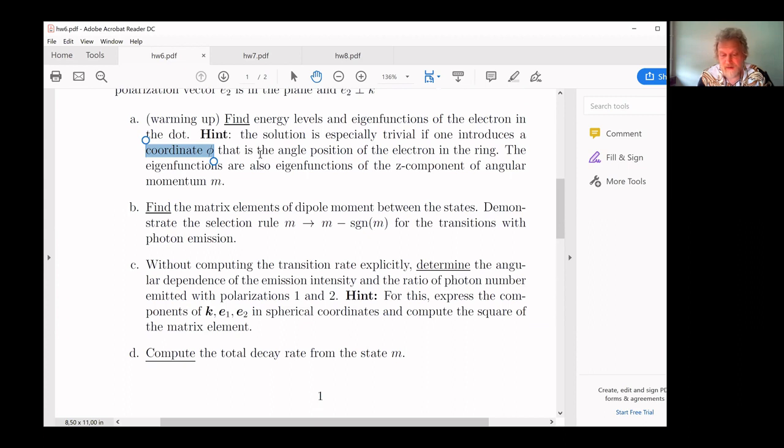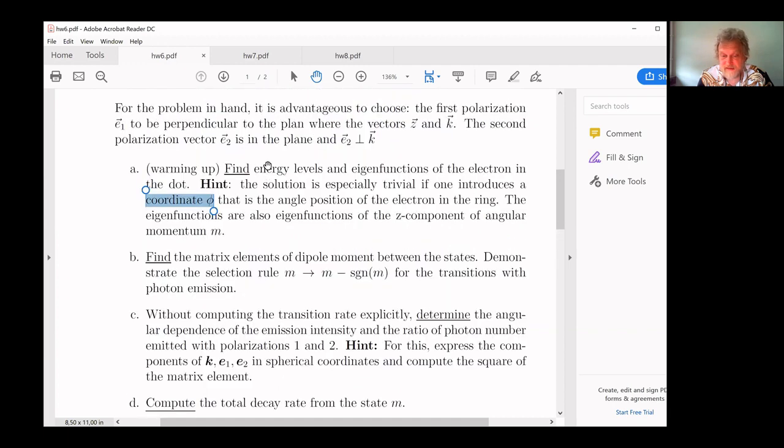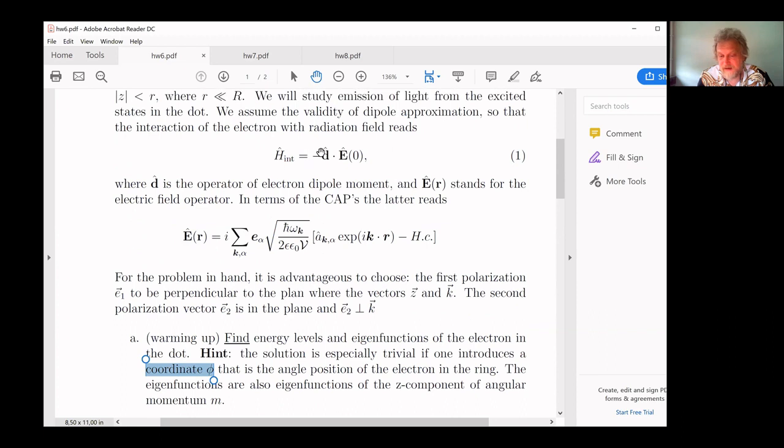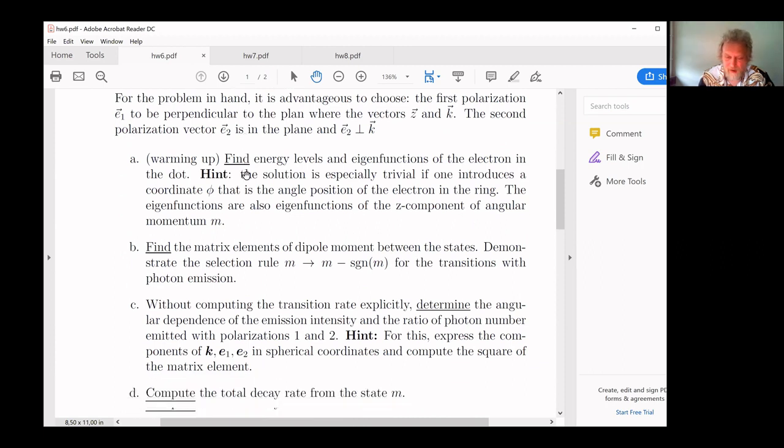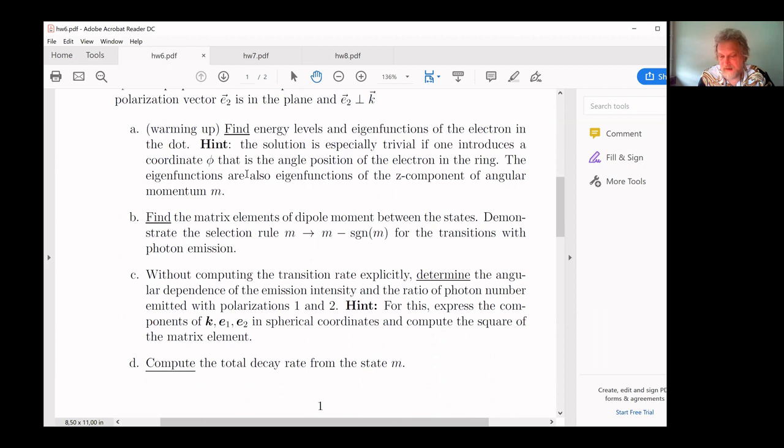Then one needs to find matrix elements of the dipole moment between the states. In fact, the calculation, as we remember, consists of two parts: computation of the matrix elements of D and computation of the matrix elements of the field. So in principle, there are all three components available.